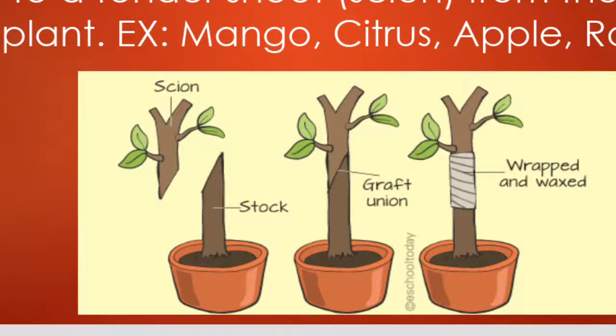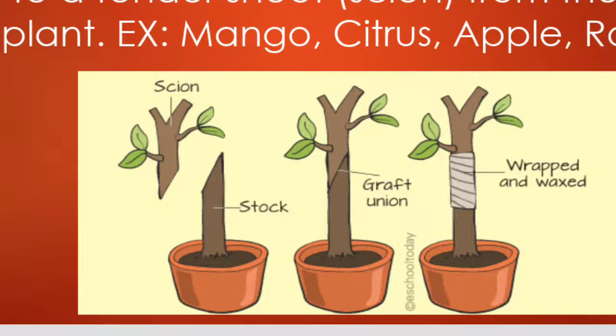We put them together, we graft them, unite them, and we wrap around it a piece of cloth and twine it with a string, so that both of them develop tissues that are integrated into each other and they will form a single plant.